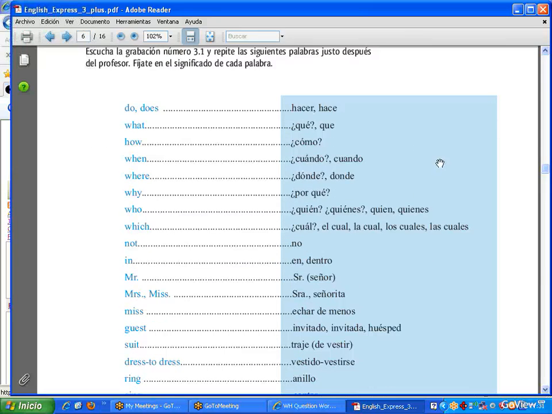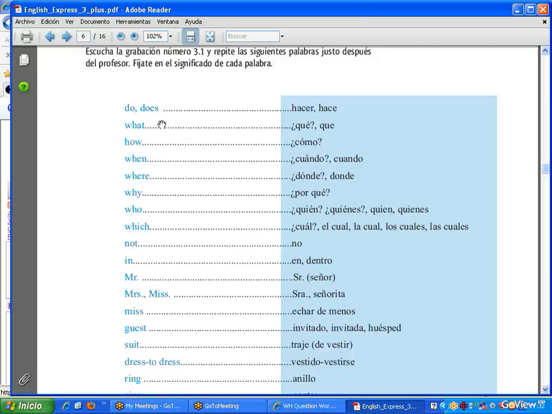The first word we have is do or does. Hacer, or hace for does. Do is the infinitive. Does is the third person singular.